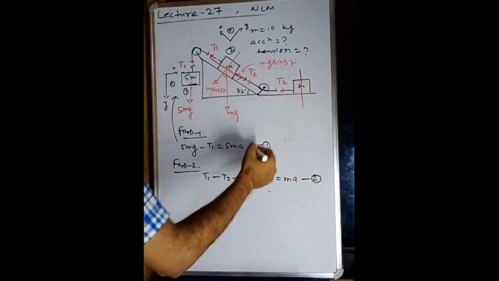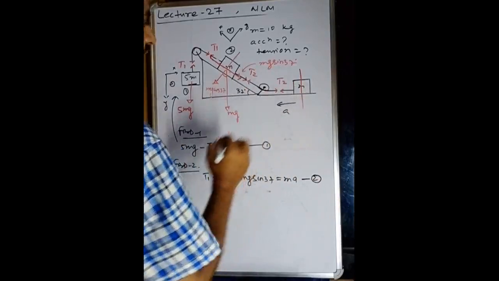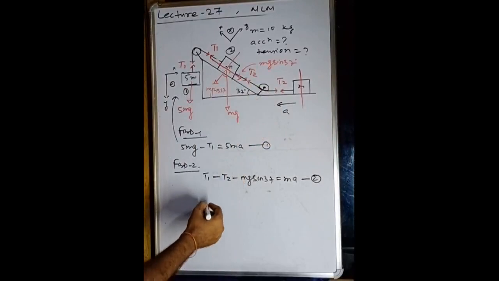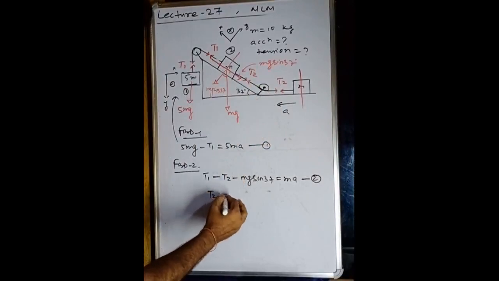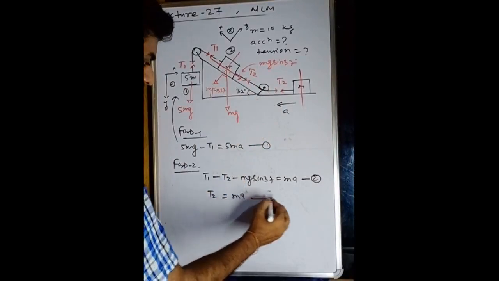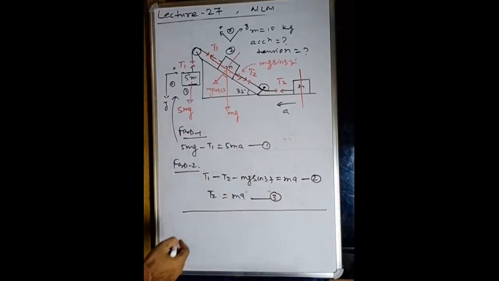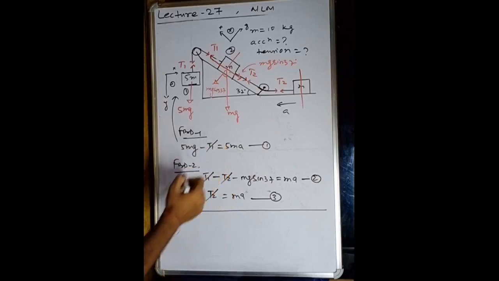Now for this body, the system is moving in this direction with an acceleration a, only one force is acting, T2. So T2 equals ma. Equation 3. Add all three equations, you will get T2 cancel, T1 cancel.